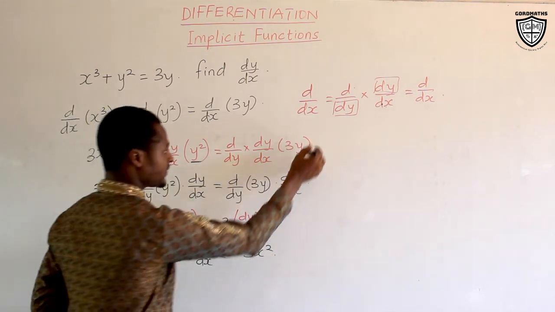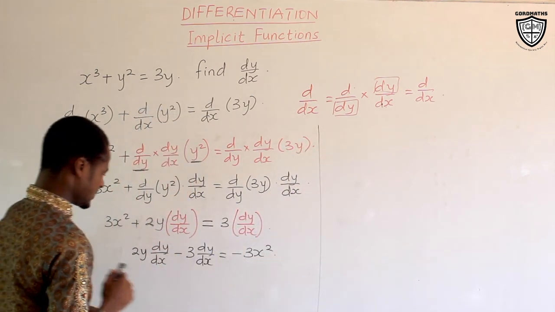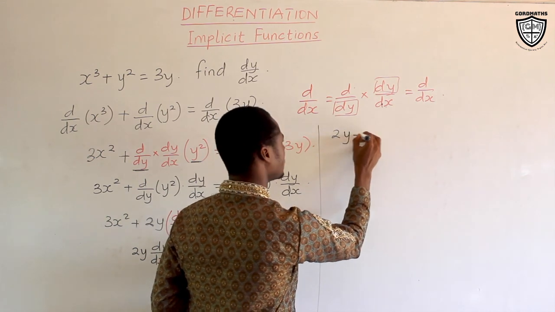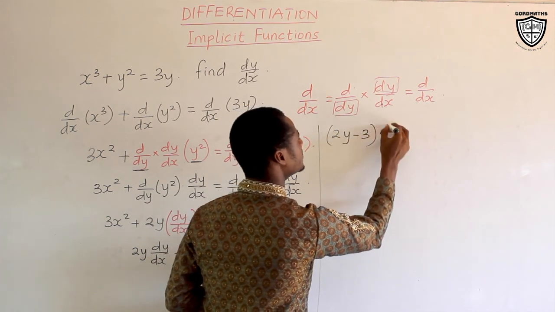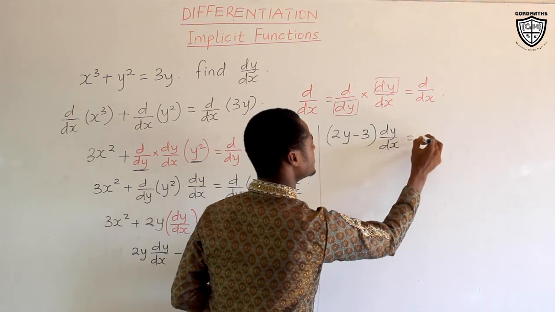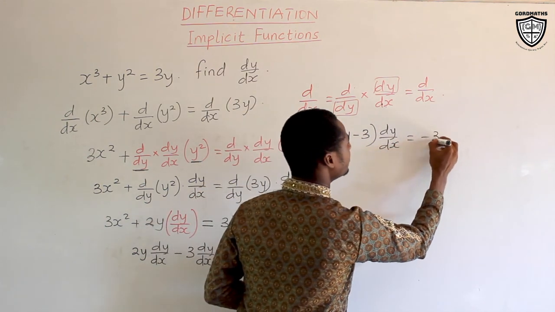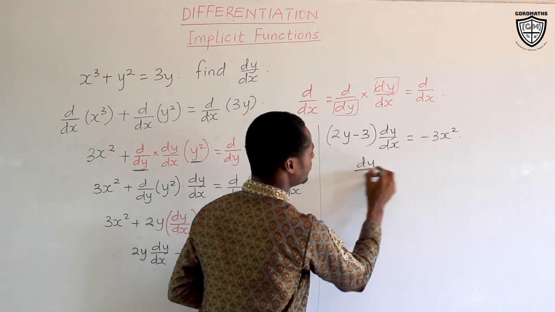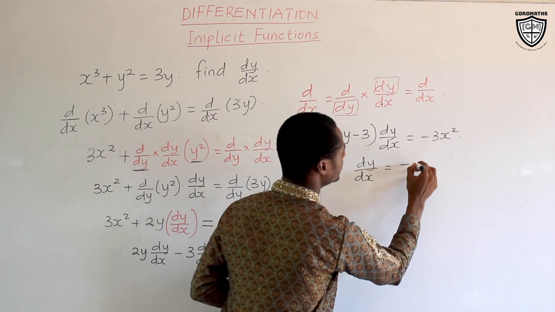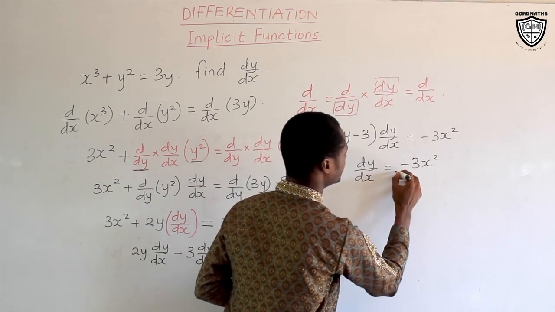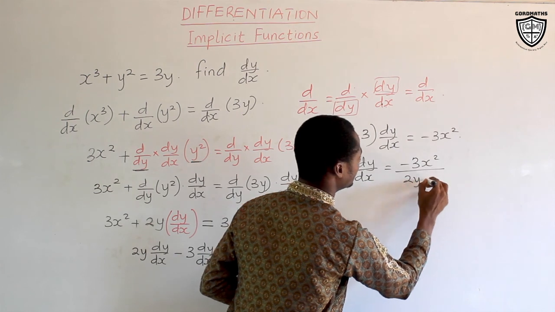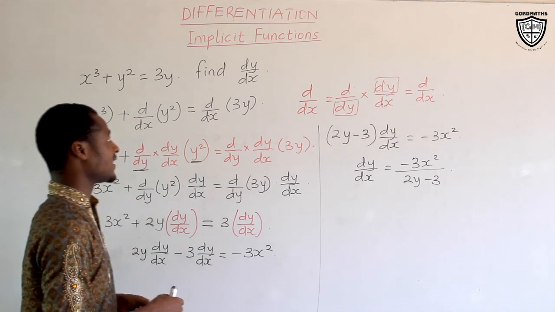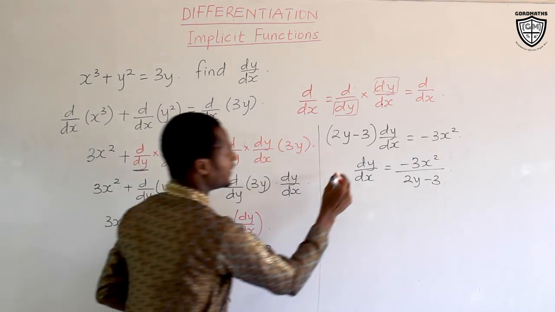So finally, by making dy dx the subject, we will have 2y minus 3 all multiplying dy dx is equal to negative 3x exponent 2. And then we will have dy dx to be equal to negative 3x squared divided by 2y minus 3. This is the derivative of the implicit function given above.